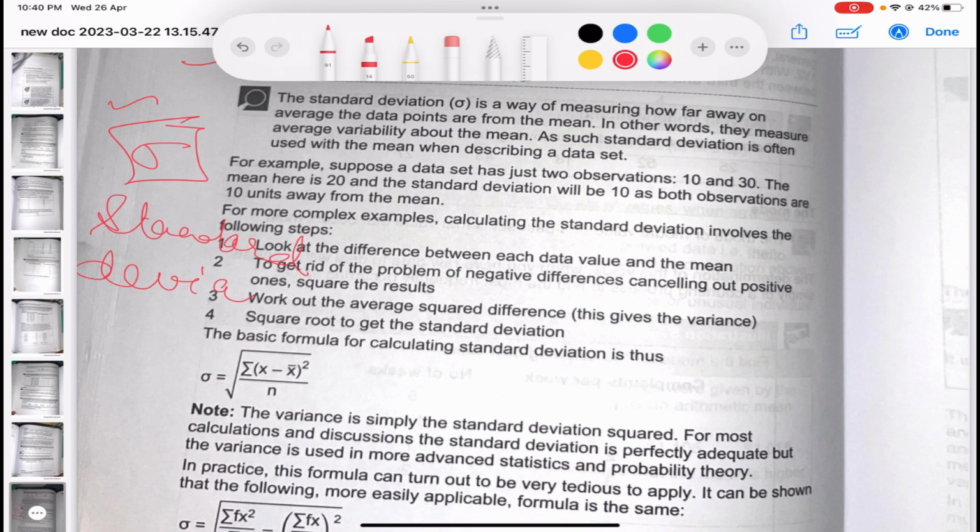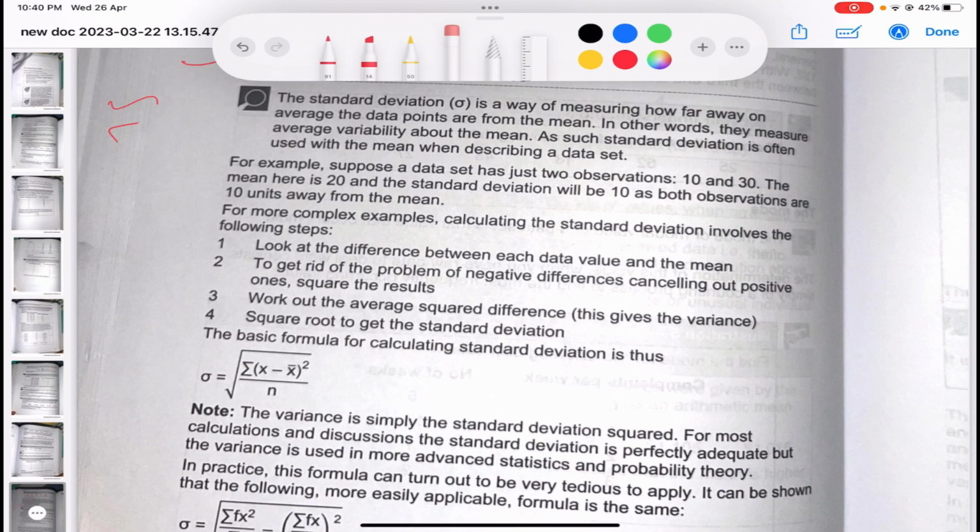For more complex examples, calculating the standard deviation involves the following steps. Look at the difference between each data value and the mean. To get rid of the problem of negative differences cancelling out positive ones, square the results.